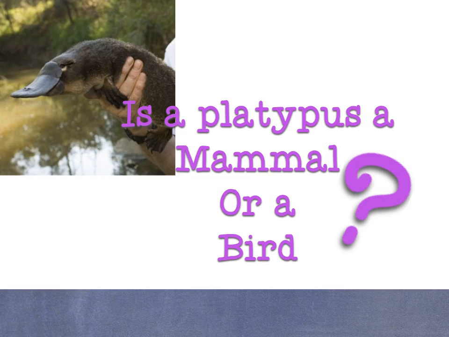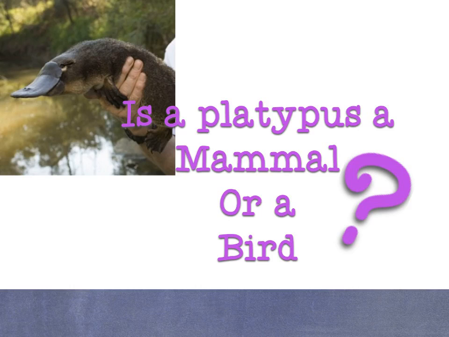For example, the platypus lays eggs like birds do. The platypus has a leathery duck bill, and its feet are webbed like birds. But at the end of the webs, they have claws, just like maybe on a cat or a raccoon.